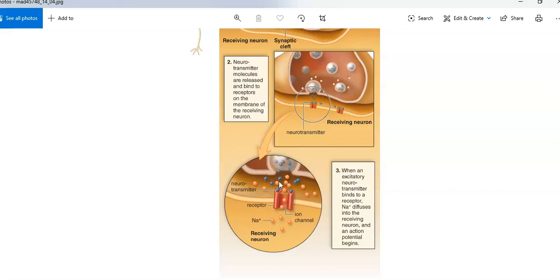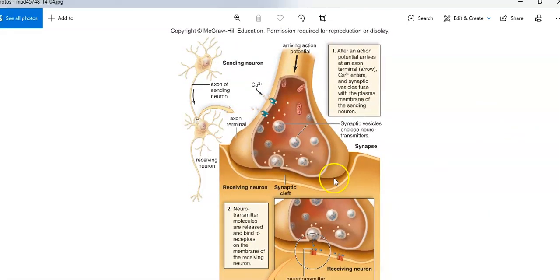Okay? Another big deal is you get the impression that a stimulus coming down this axon is just going to stimulate something to happen right here on the other side of the cleft. And this is where we're going to get just a little deep in the weeds.